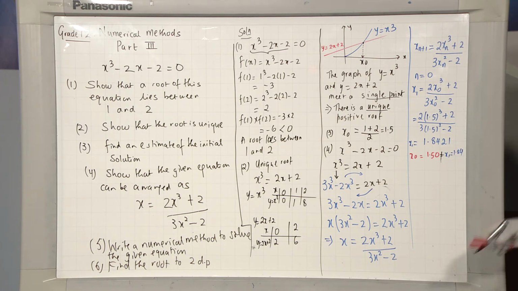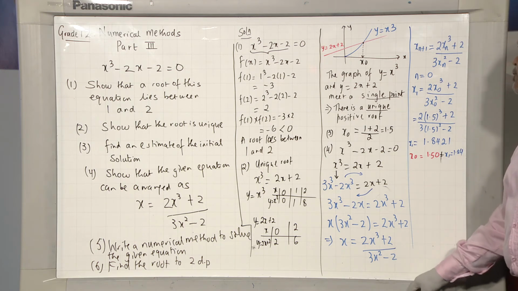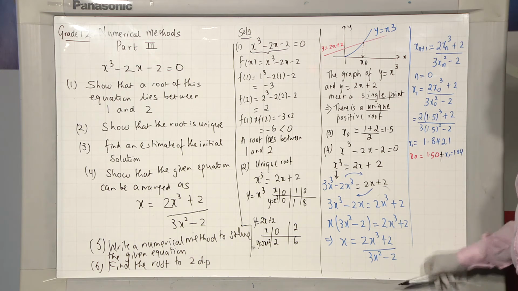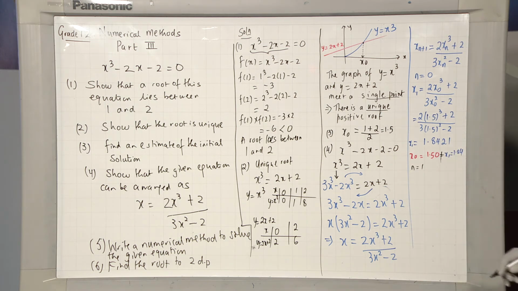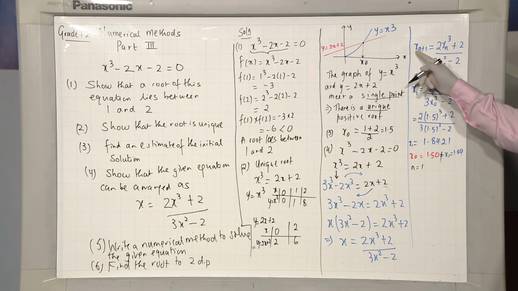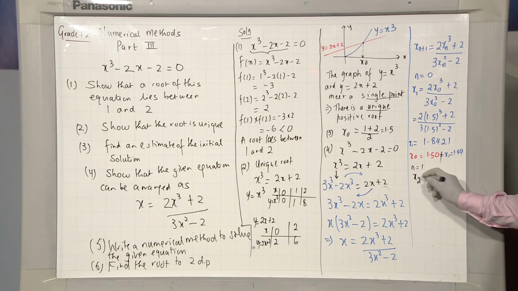So what should we do? We should continue. How do we continue? We replace n by 1, sorry. So this becomes 1 plus 1. This becomes x2, right?